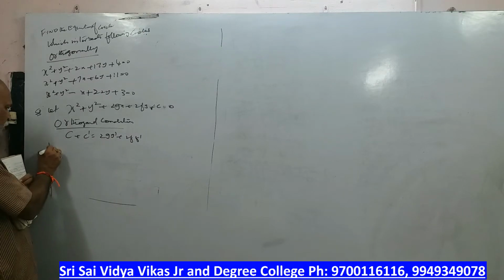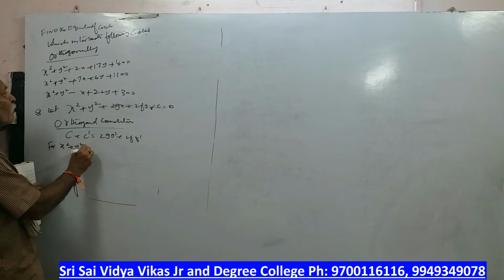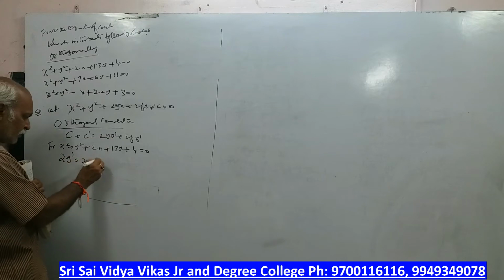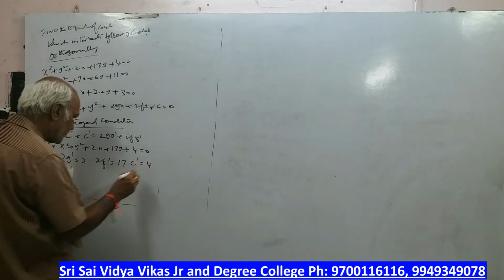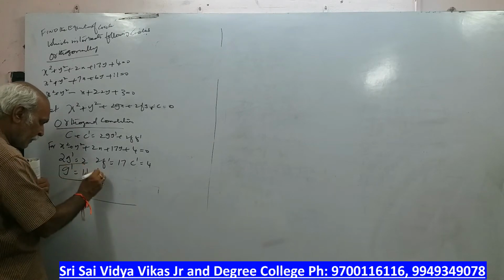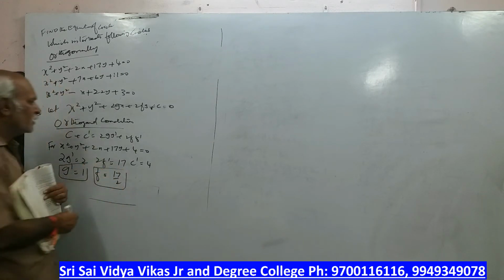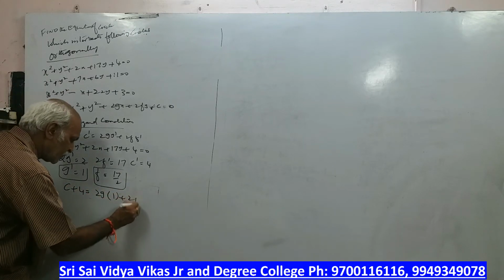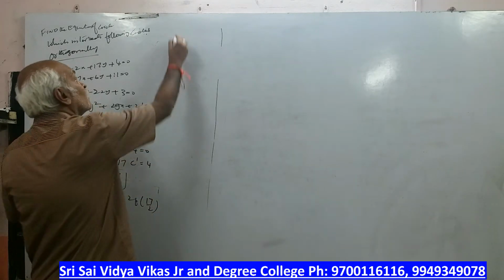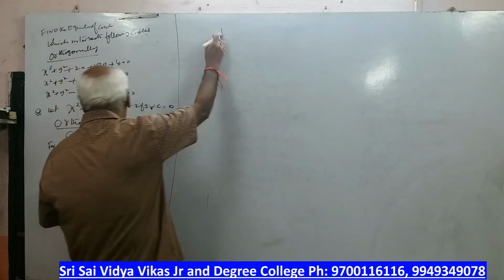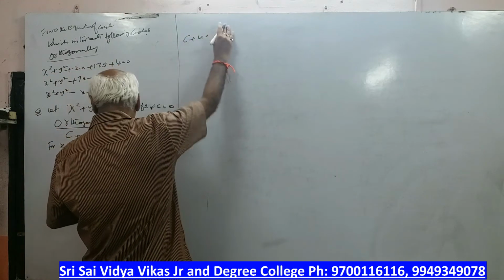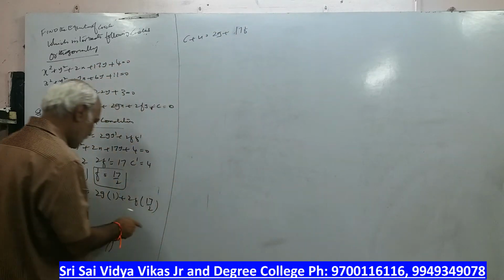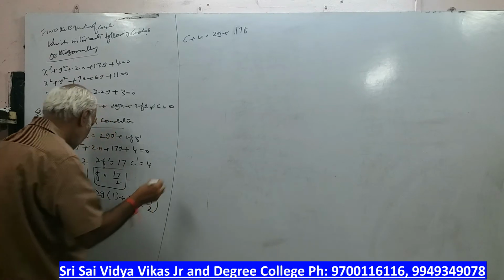Now for x square plus y square plus 2x plus 17y plus 4 is equal to 0, 2g dash is equal to 2, 2f dash is equal to 17, c dash is equal to 4, g dash is equal to 1, f dash is equal to 17 by 2, right? Therefore, c plus 4 is equal to 2g into 1 plus 2f into 17 by 2. Therefore, c plus 4 is equal to 2g plus 17f. Okay, then what will happen?